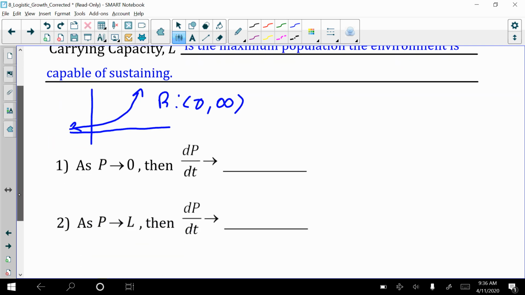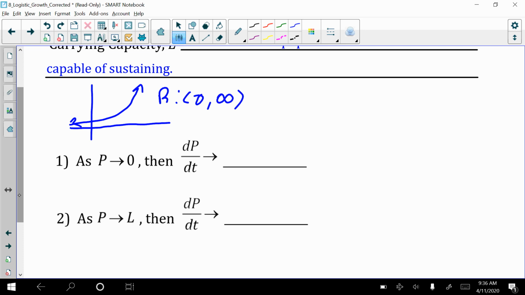So here, looking at the differential equation, we can interpret some values. As P approaches 0, dP/dt, again the slope, is going to approach kP, which is essentially kind of a constant.